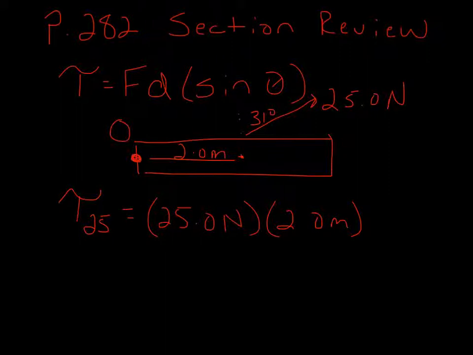It says sine of theta, and it's always the sine of the angle between the force and the lever arm. That's this angle. Okay, so we need to do the sine of 59 degrees, not the sine of 31. 31 is the angle between the lever arm and perpendicular to it. So we need to use the 59 degrees.